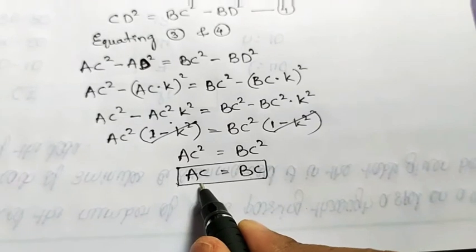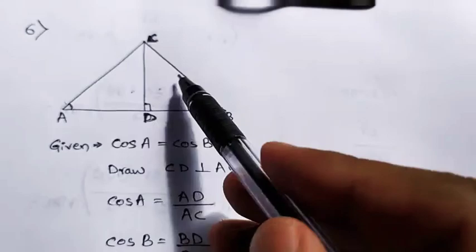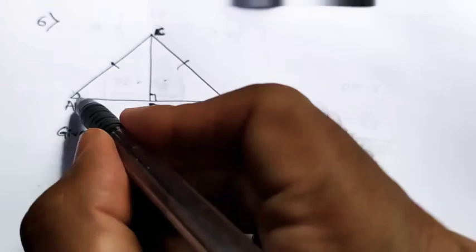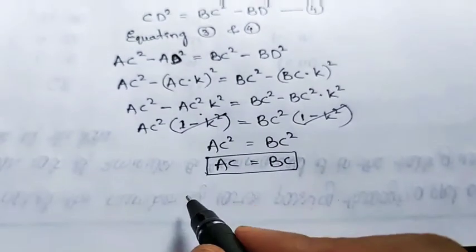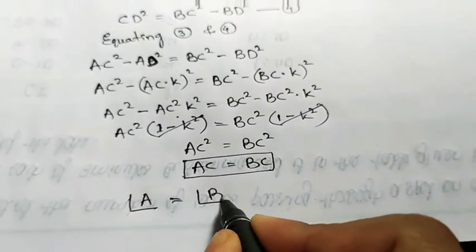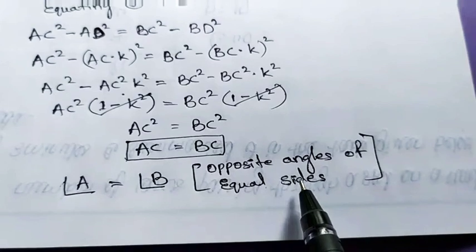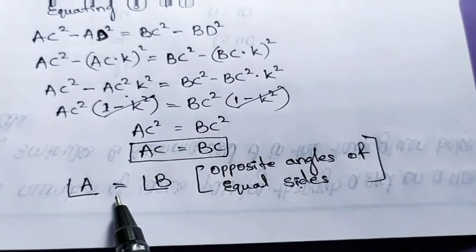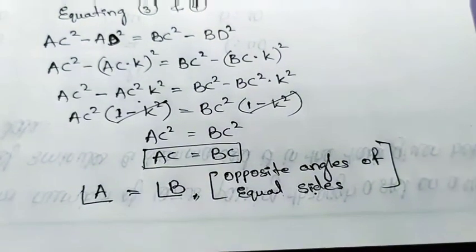Then in the triangle, AC equal to BC, so their opposite angles are equal: angle A equal to angle B. The reason is opposite angles of equal sides are equal. So that is why angle A equal to angle B is proved.